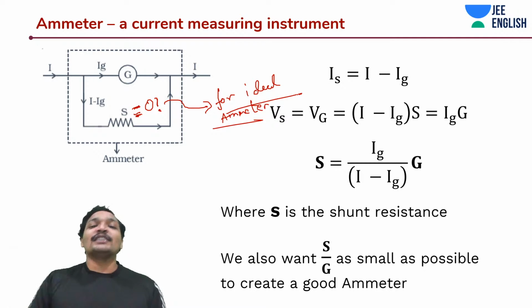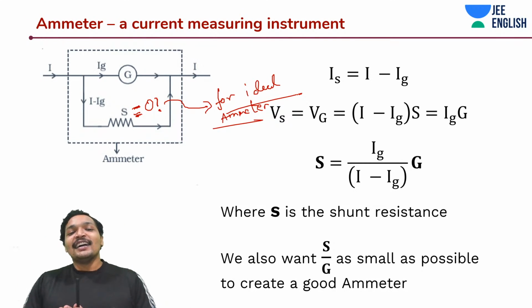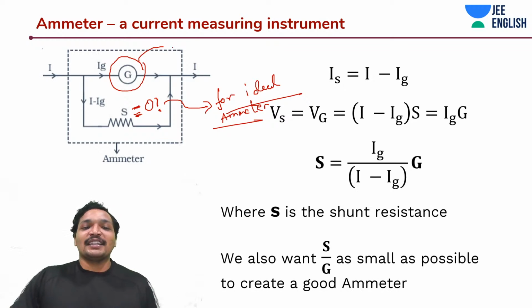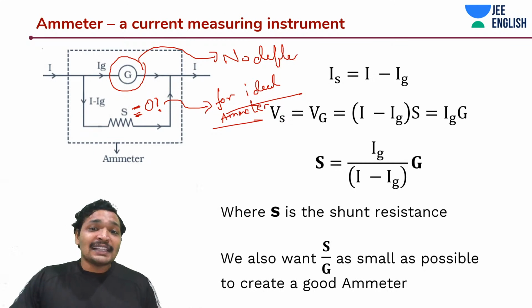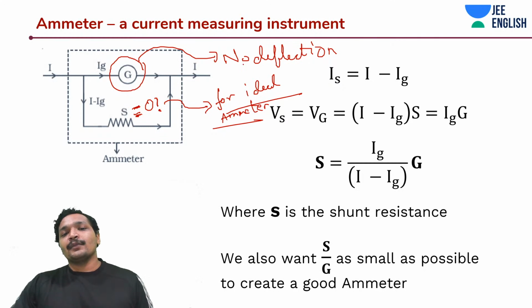Exactly, no, that's correct. It cannot be 0. Why? If it is 0, no current, no deflection would appear on your galvanometer. There would be no deflection. Many of your books state that S can be 0. But if your S is 0, no deflection will happen.